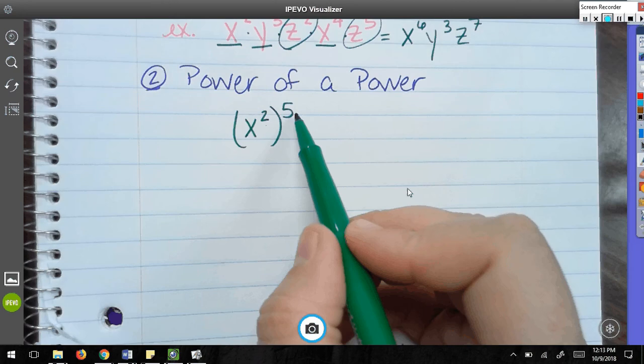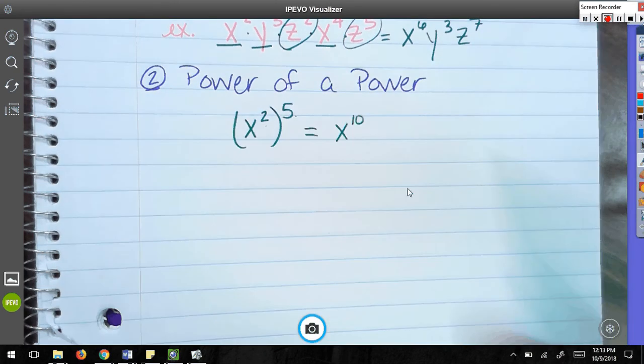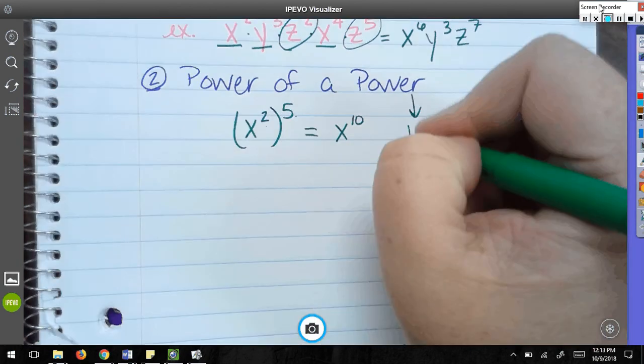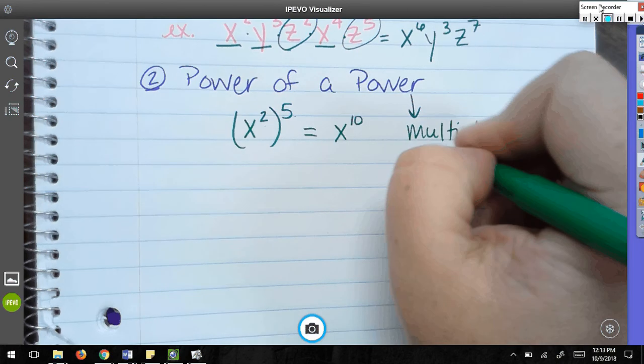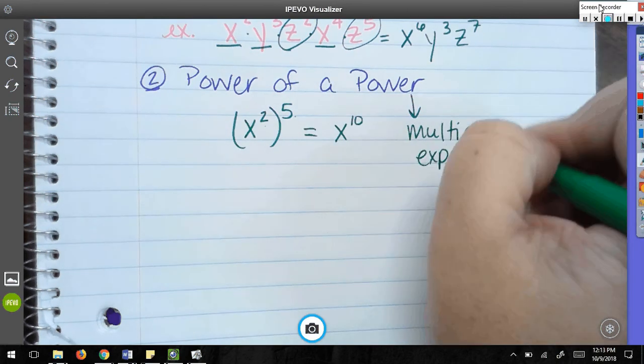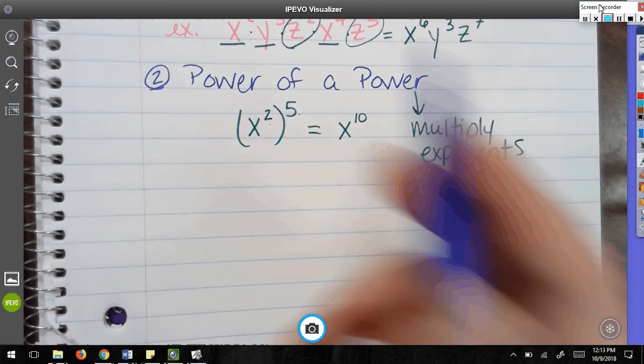So 2 times 5 would give me 10. So multiply exponents. That one's pretty straightforward. Let's move on to number 3.